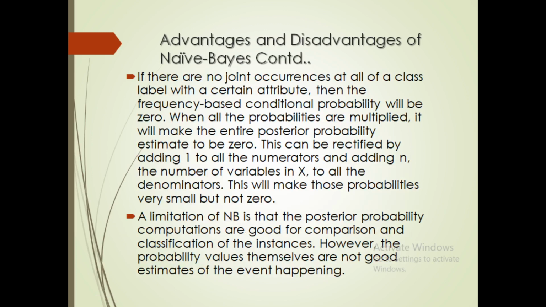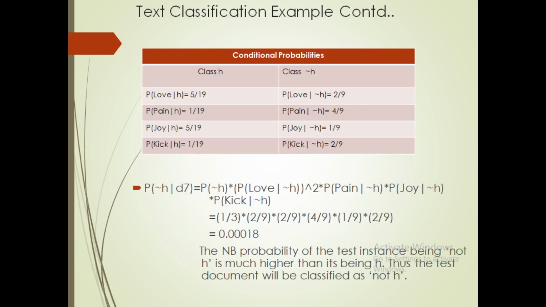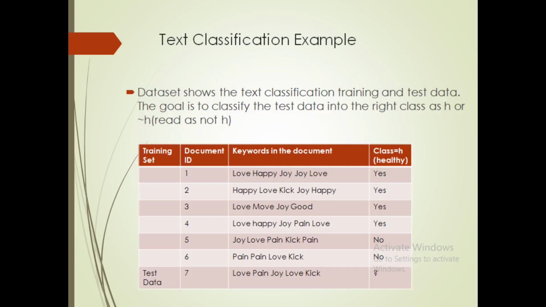Another problem with naive Bayes is if there are no joint occurrences at all of a class label with a certain attribute. That is, if a particular attribute is present in only one class and it is not present in the other class. For example, here love is present in this class as well as in the no class.